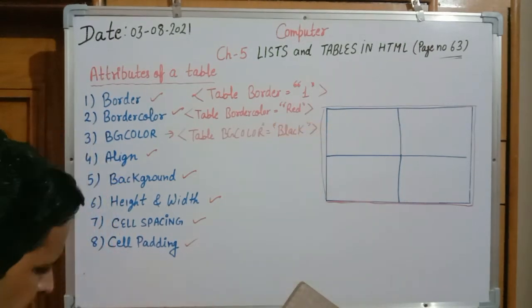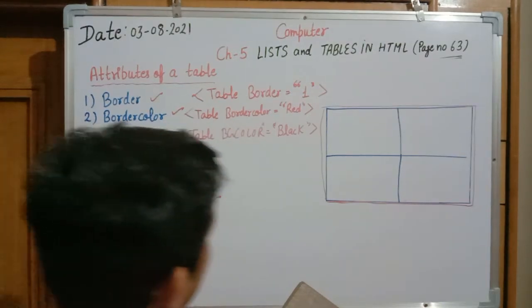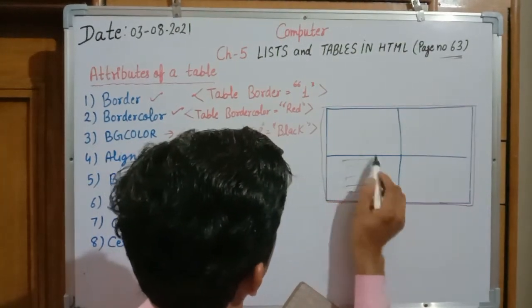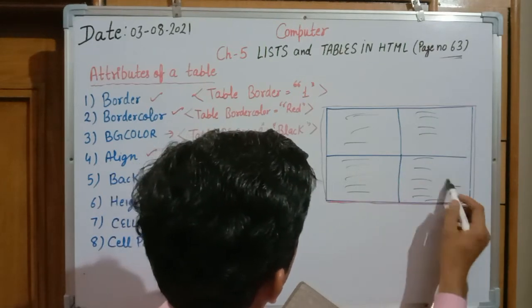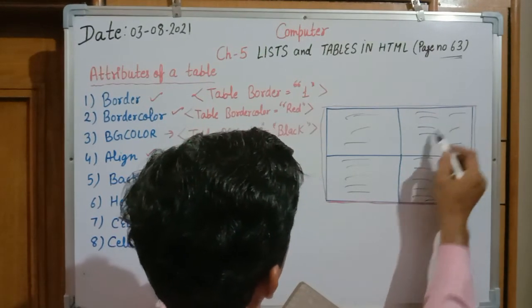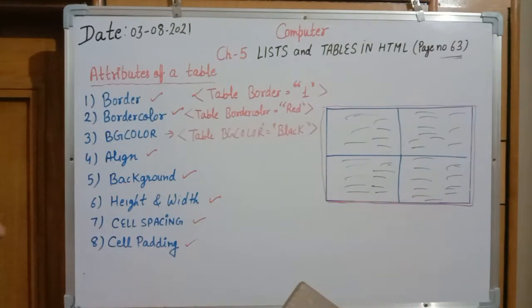So what will happen? The internal part of the table will become black color completely. This area will become black. The background will be of black color like this. Fully it will be filled with black color.